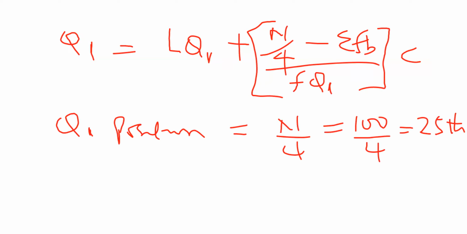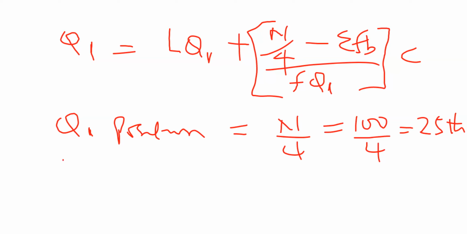To get 25, I can see for myself that the one that will fall into 25 should be 40 to 49, because 1 plus 3 plus 7 is 11. 30 to 39 falls to the 11th position. To get the 25th position, we must enter 20, which is 40 to 49. So our Q1 class limit is 40 to 49, and our Q1 frequency is 20.